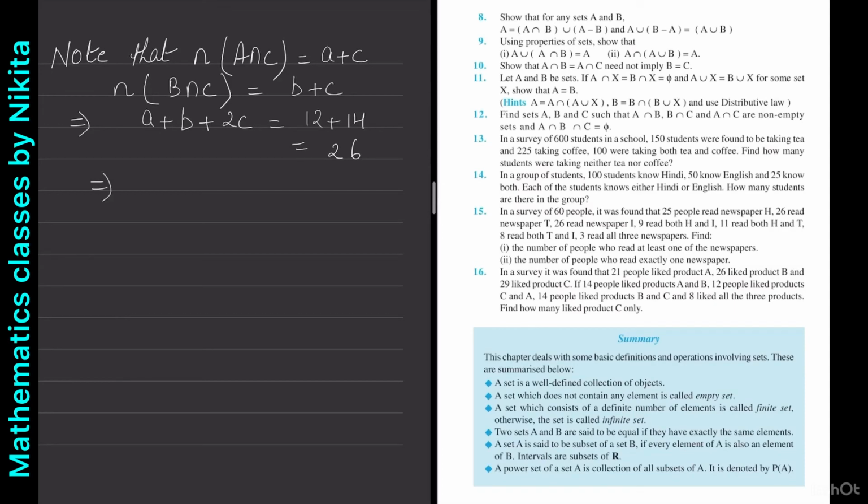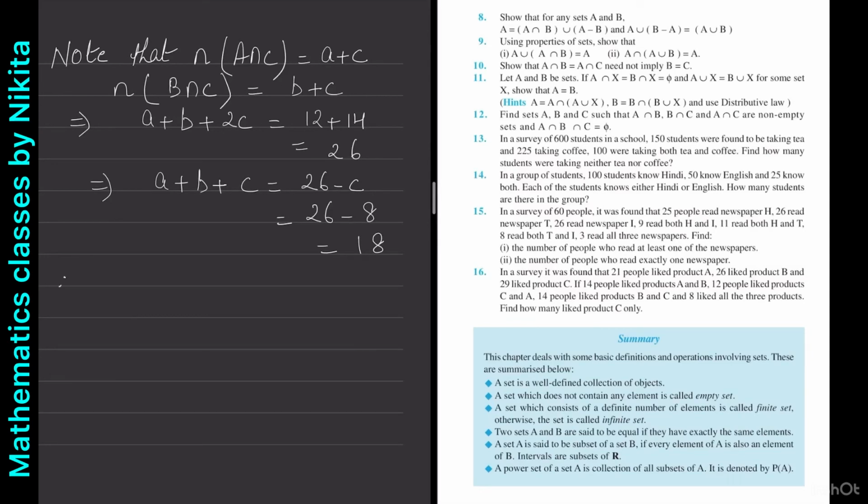And from here, what is A plus B plus C? It is equal to 26 minus small c, which is equal to 26 minus the number of people who liked all the three products, which is 8. So this will come out to be 18.